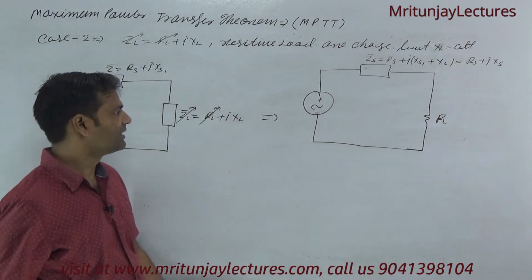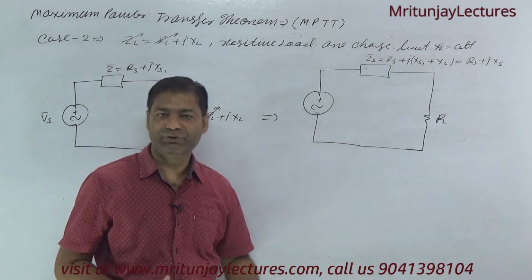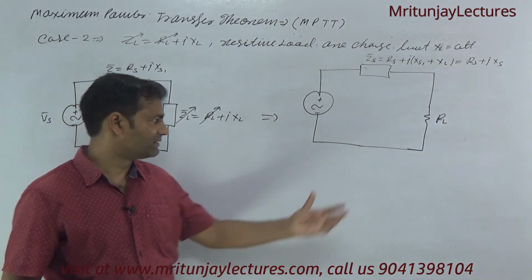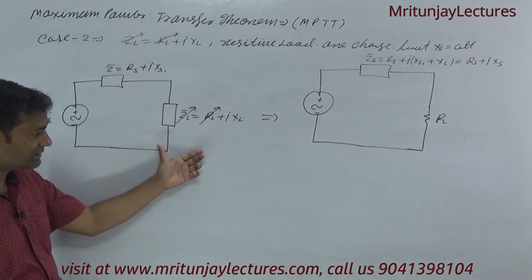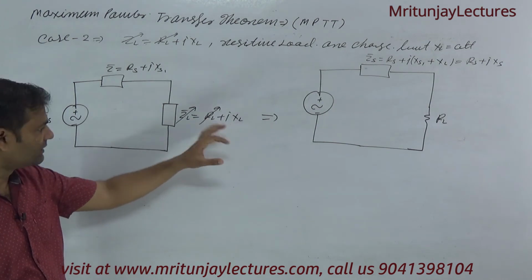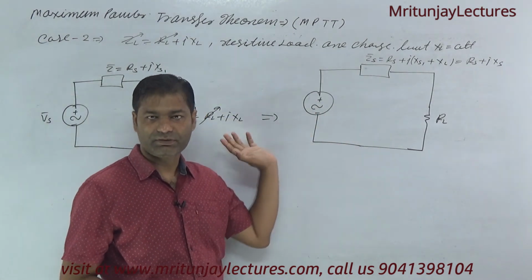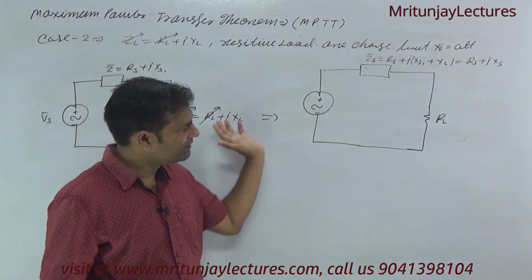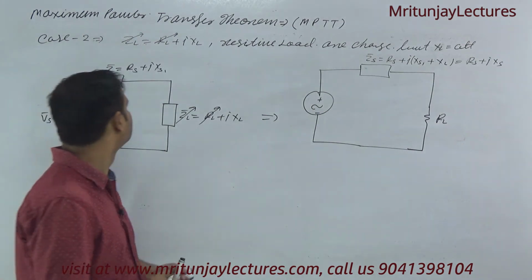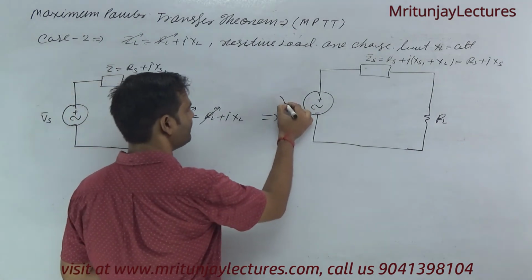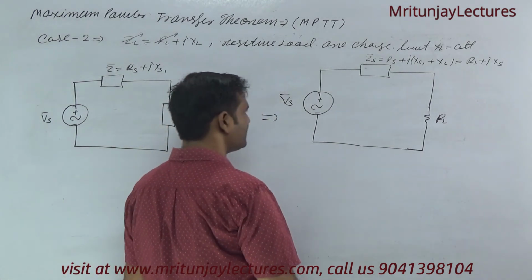Sometimes a question is given like this one or sometimes like this one. If the question is given like this one and XL is constant, then first of all make it like this one. First of all, this circuit is reduced to that type of circuit. After that, clear or not? If you face any problem, then tell me, sir, I face the problem.